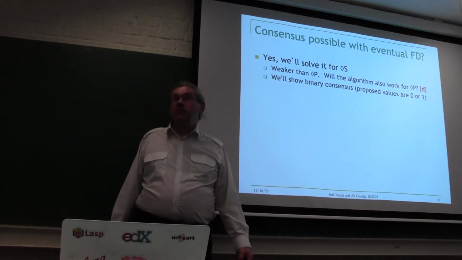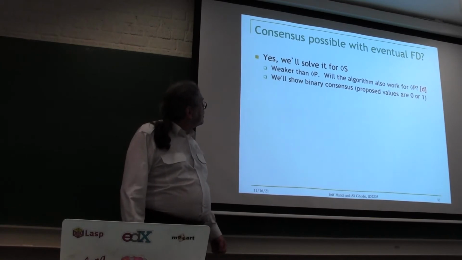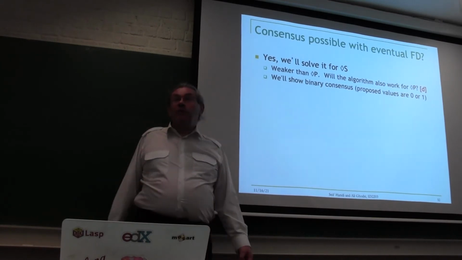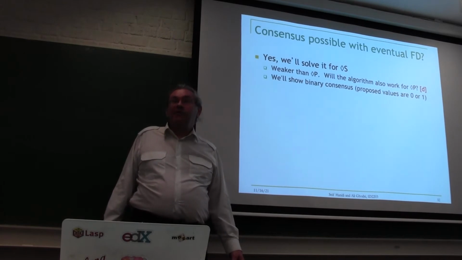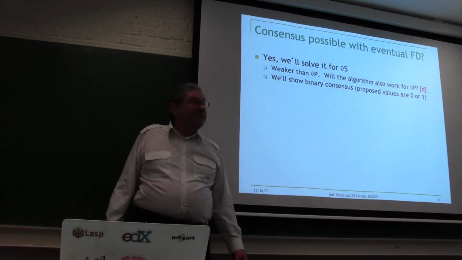Eventually S is weaker than eventually P. Will the algorithm work for eventually P? What do you think? Yes, because the restrictions are less.